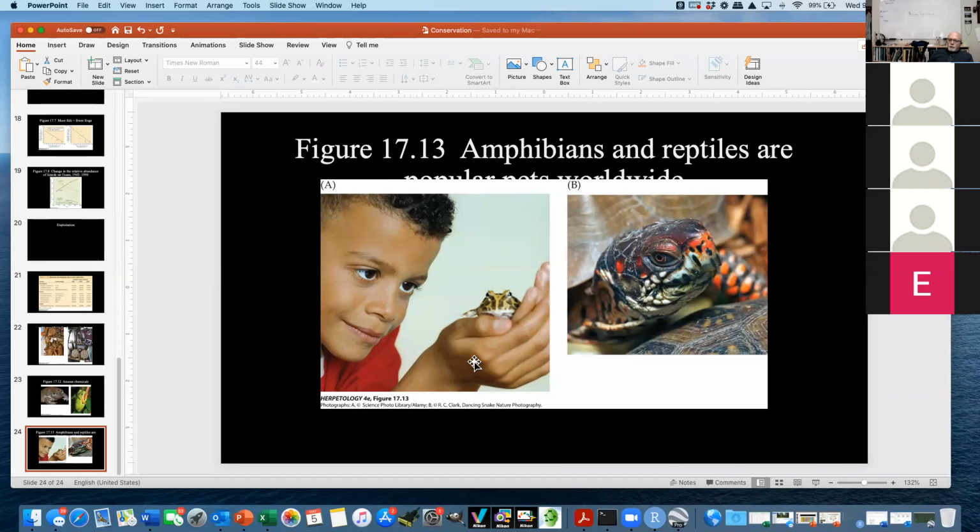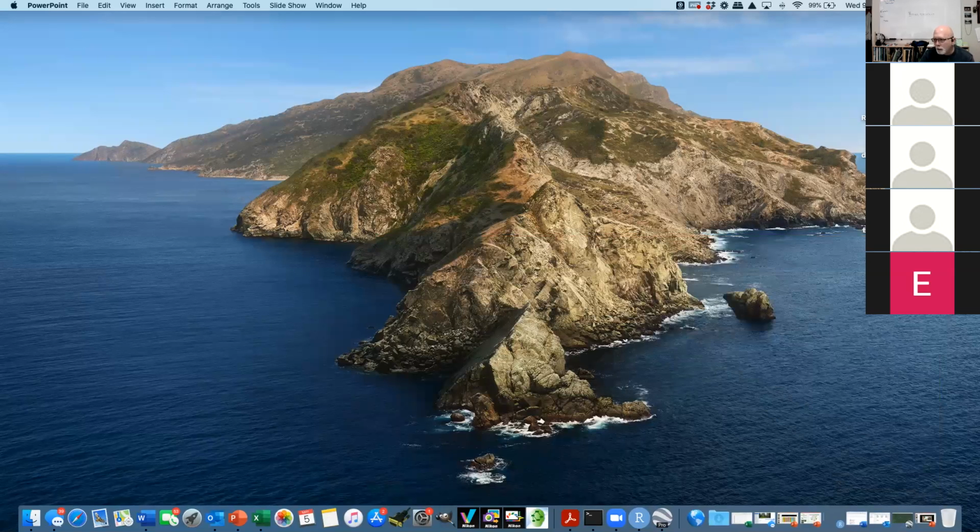So those are all the challenges. There are a number of examples in your book of solutions to these things. So for example, sea turtles were declining back in the 1970s and 80s because they were constantly being caught in fishing nets.